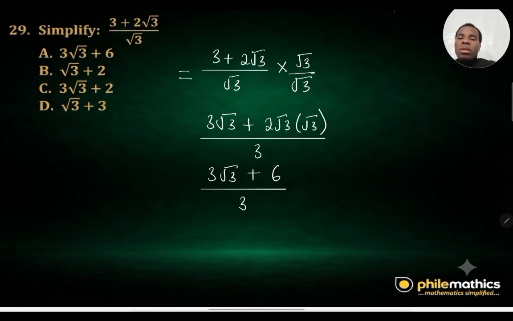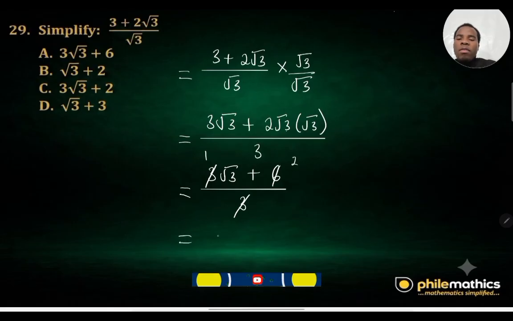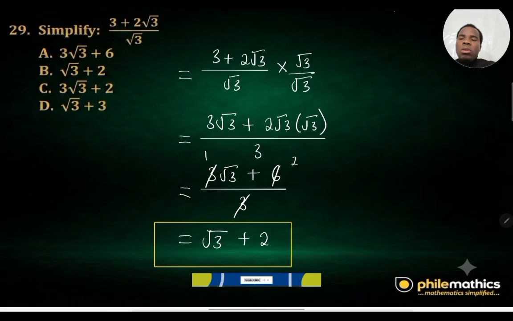So 3 can go with 3, 1 can go with 6, 2. So we have root 3 plus 2, which is B.